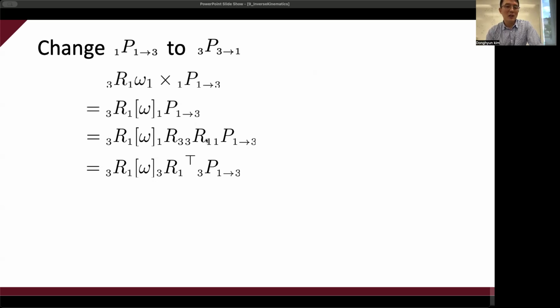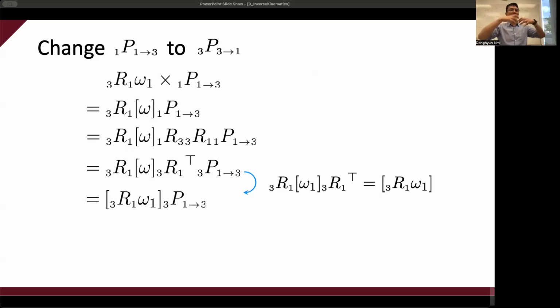And even if I add up the R from 1 to 3, and the 3 to 1, because these two are going to cancel out, it's okay to add in between these two, right? So far, so good. And I make a transpose of this, and then I can put this inside of the skew symmetry form. No need to memorize this. But anyway, this is the formula.